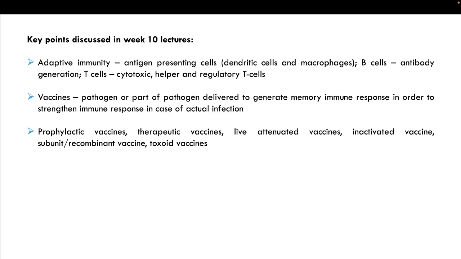You can heat treat, meaning you can heat that particular pathogen at a high temperature. You can modify it to reduce its efficacy in causing a disease, and then you can deliver this as a vaccine.